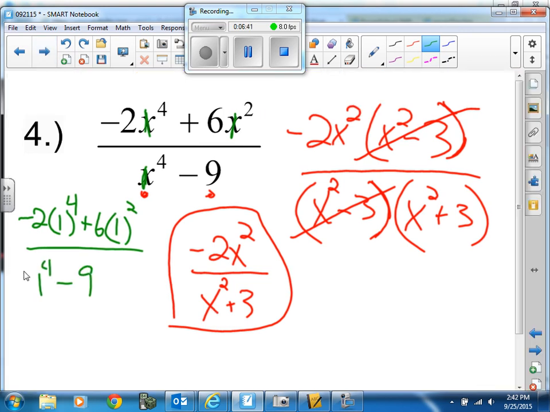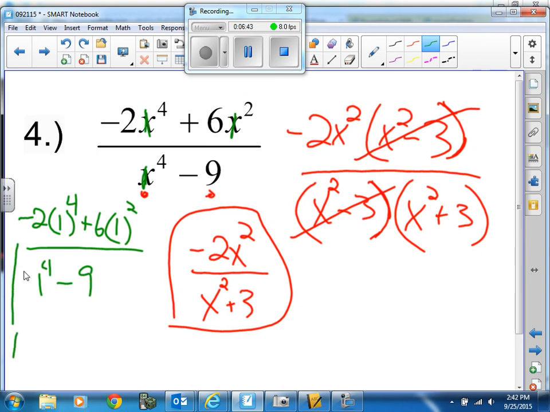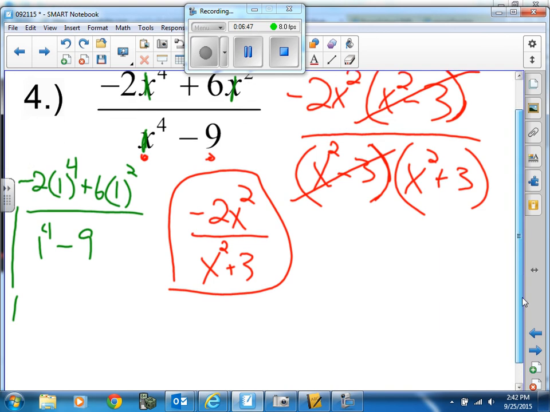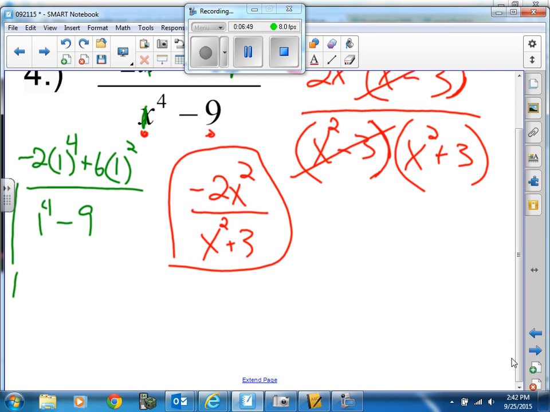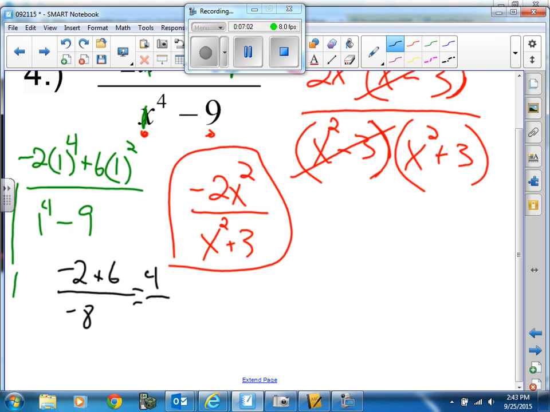So that's going to be negative 2 times 1, so that's negative 2 plus 6 all over negative 8. So that's 4 over negative 8, and that is equal to negative 1/2.